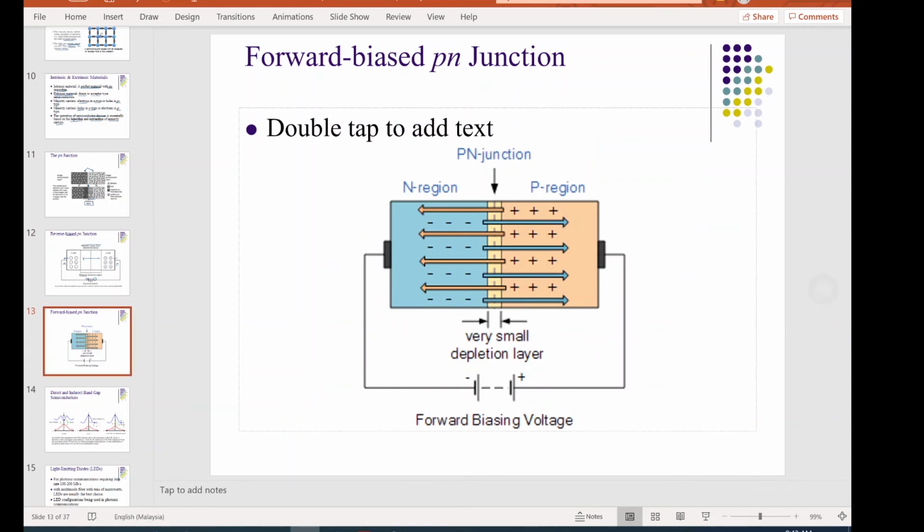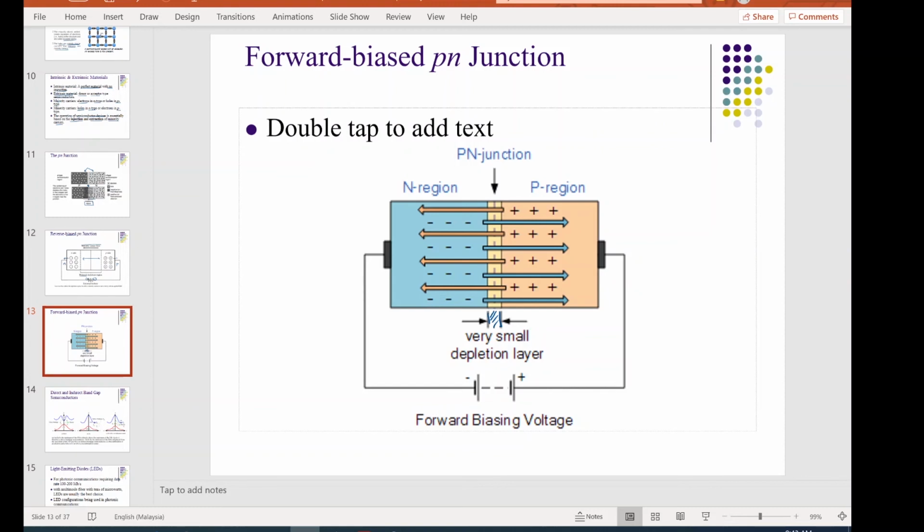And if we do the forward bias, the minority carriers start to approach the other side, and we have a small layer of depletion region.